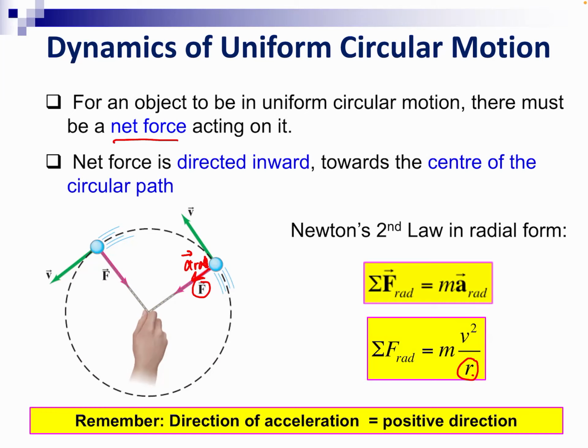We just count how many revolutions there are and count the time it takes for one revolution. So we can easily figure out what this tangential or linear speed is. The mass is also, of course, easily measured. Right, of course, we will still use the direction of acceleration to be the positive direction as we've been using.